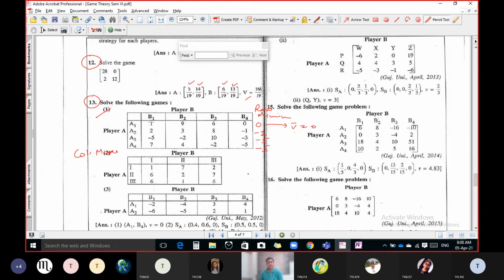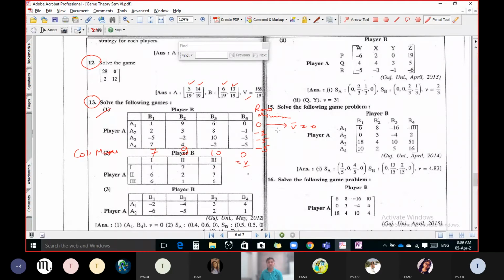In the first column, the maximum is 7. Second column, 9. Third column, 10. And last column, 0. And out of these 4 values, we have to select the minimum, 0. So that is the lower value.